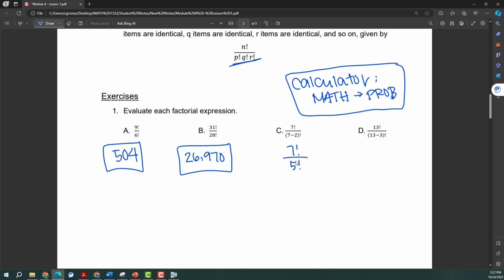So 7 factorial divided by 5 factorial. 42. Yes. Alright, and then same thing for our last one. It would be 13 factorial divided by, and then we have 13 minus 3, which would be 10 factorial. 1,716. Yes.